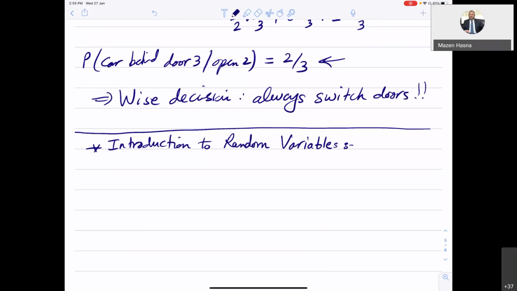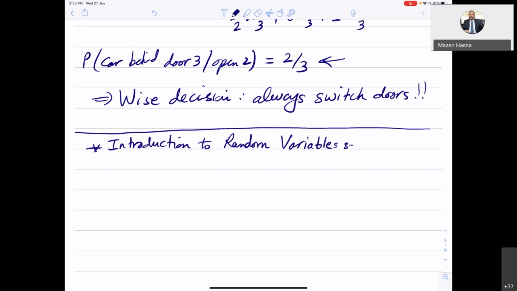You need to be good at defining what the event you are interested in is. This is very key. And then apply the rule. Don't act smart in the exam. Act smart in life, act smart in the class, but don't act smart in the exam. Define your events correctly and follow the equations or the rules that you will have on your sheet, and you can solve, inshallah, any problem that I give you.